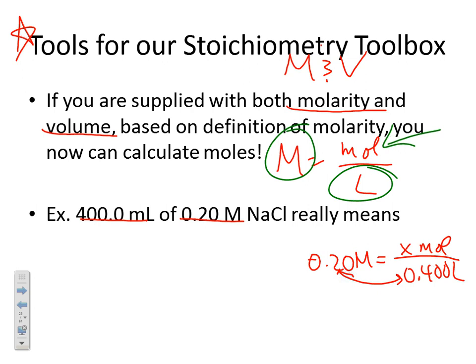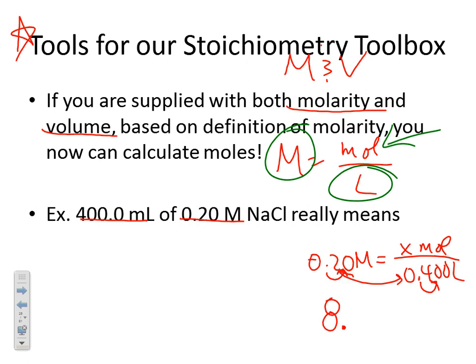The way that I do this without a calculator is I basically move the decimals, because the decimals are what's making it hard. It's not the 2 and the 4. The 2 and the 4 is easy, but it's the decimals that make it hard. If I move the decimal on the 0.2 one place that way to make it 2, because 2 is a nicer number, and then I move the decimal one place that way on the 0.4 to make it 4, which is a nicer number, and then I multiply them together, I get 8, but the decimal's here.